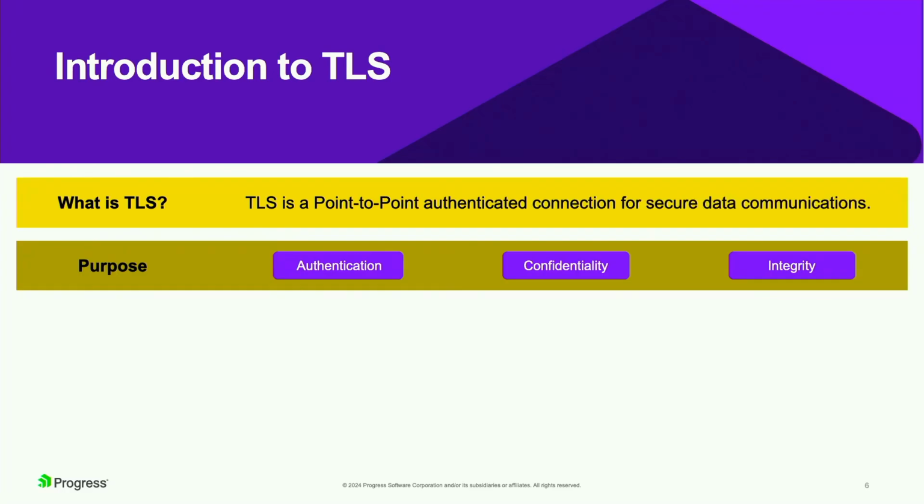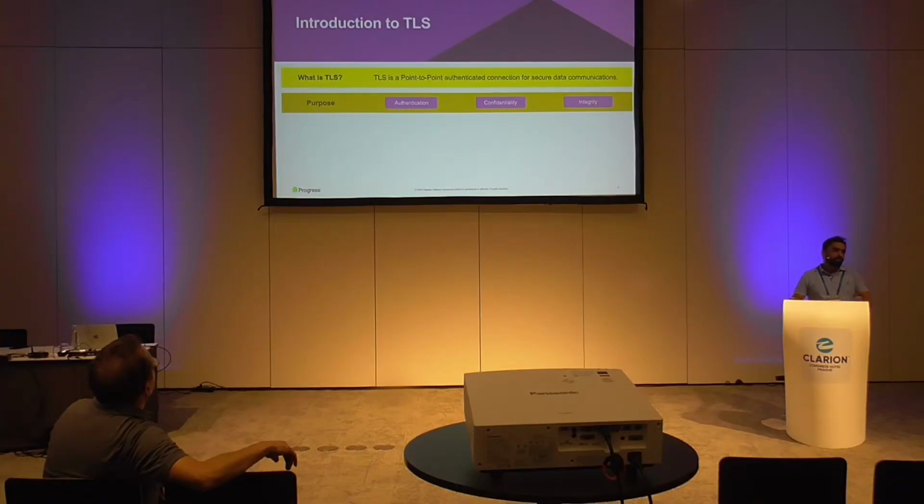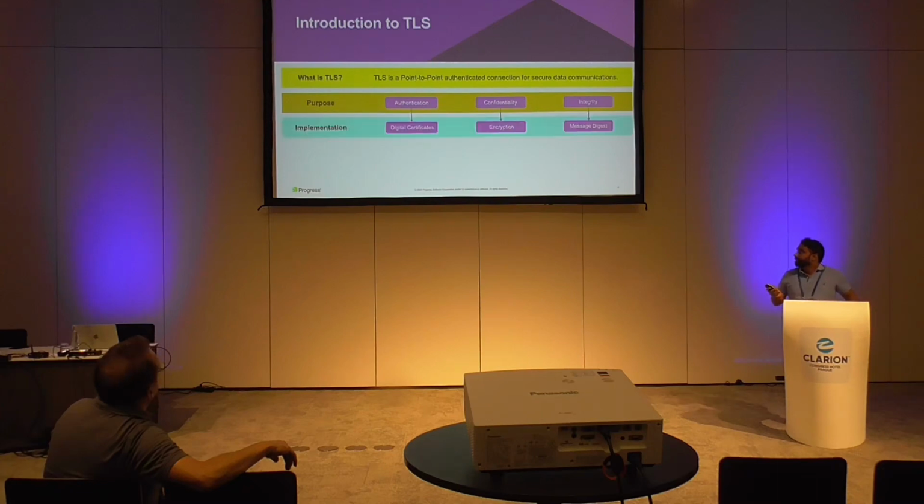So there are three purposes of TLS. First one is authentication. Here it ensures that there is a way to check the authenticity of the server. Basically TLS checks whether the server is who it claims to be or not. Another one is confidentiality.